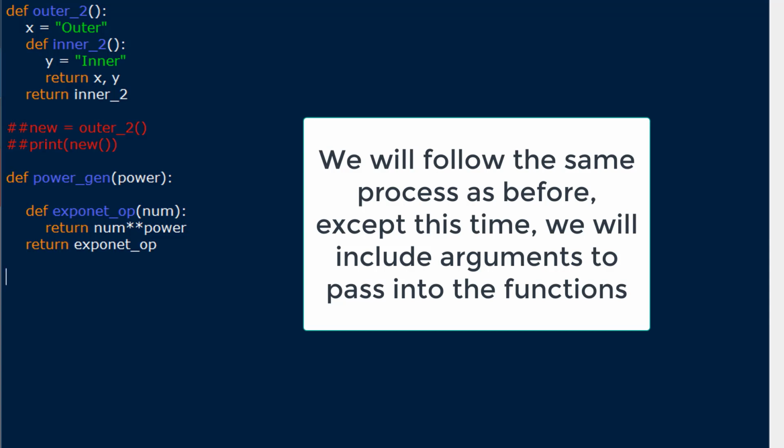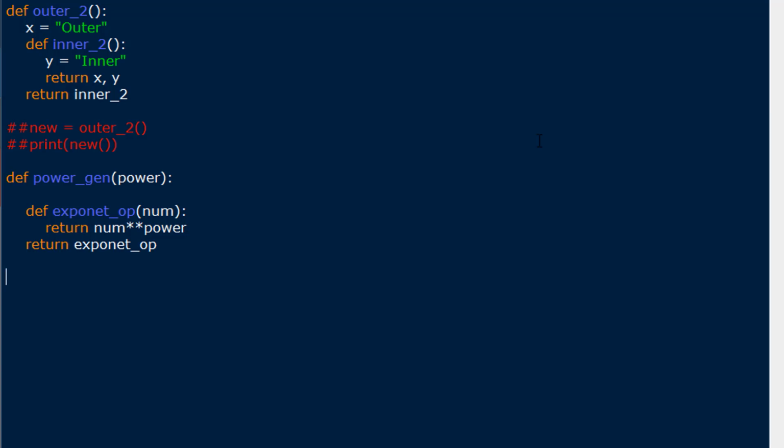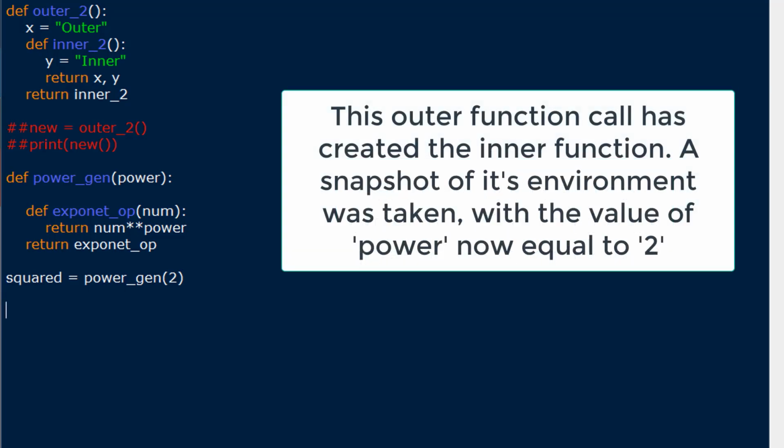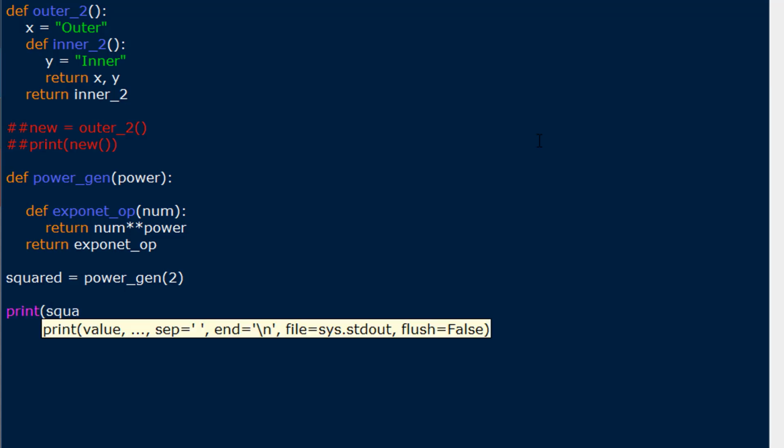Now, if we define a variable as the function call of the outer function PowerGen with a number, the inner function will remember the state of PowerGen, or in other words, it will remember that we passed 2 into PowerGen, and we can call the inner function with different arguments for the num parameter.